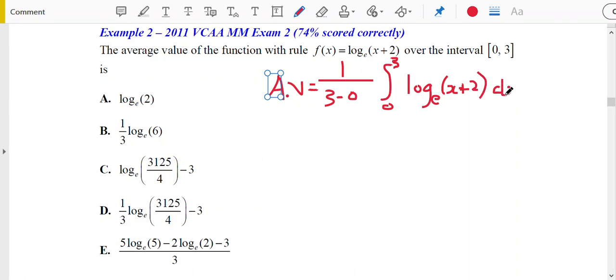dx. So because we have access to CAS, we literally just input this into our CAS calculator, and hopefully the answer is one of these options. Otherwise we may need to do a little bit of manipulation. So let's have a look. Let's input this into our CAS.